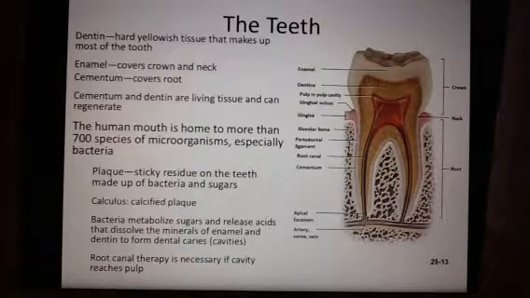The human mouth has lots of microorganisms inside, especially bacteria. We see these within the oral cavity. That kind of lists a few different categories that we see. Plaque is on the teeth. It's made of bacteria and sugar. And then bacteria within the mouth are metabolizing sugars, releasing acids.